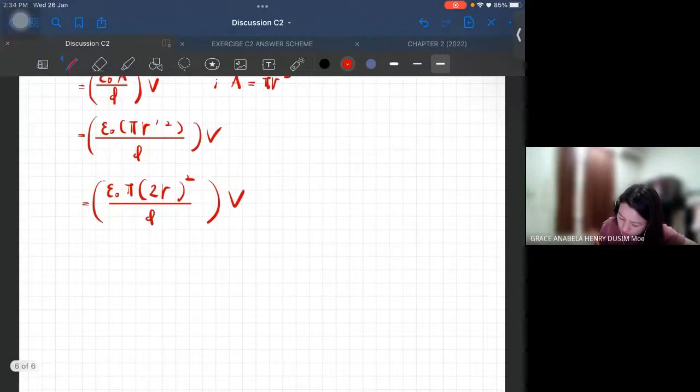Again, I'm going to factorize the 2 squared here. 2 squared is 4.